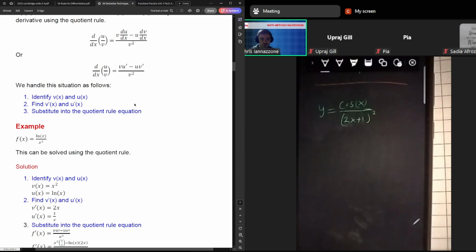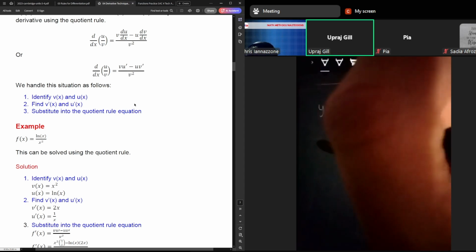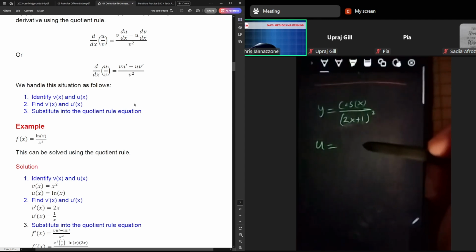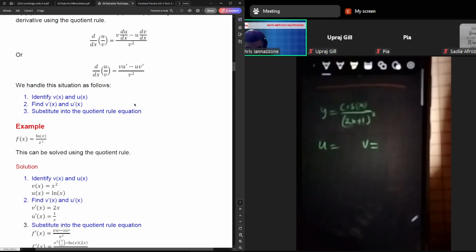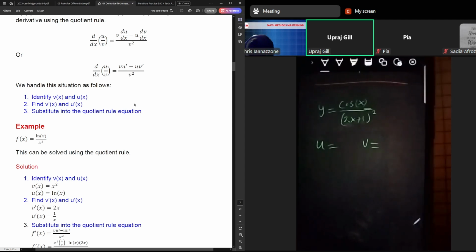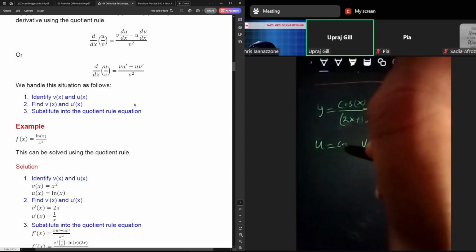How do we normally solve derivatives with divisions? We define u and v. Which one's u? Which one's v? Cos x is u, and then 2x plus 1 squared is v.